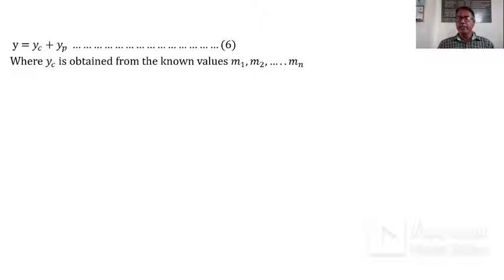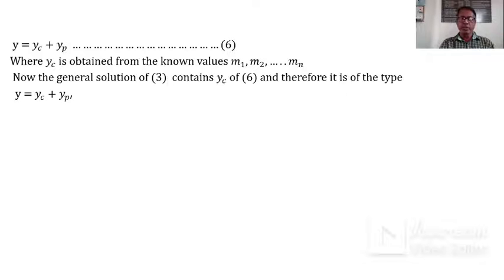We have seen that these m1, m2, ..., mn are the roots of the auxiliary equation of the homogeneous differential equation f(D) operate on y = 0. Therefore, from this we are able to find yc.